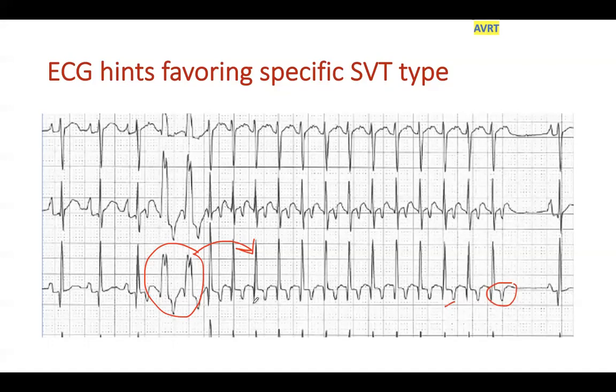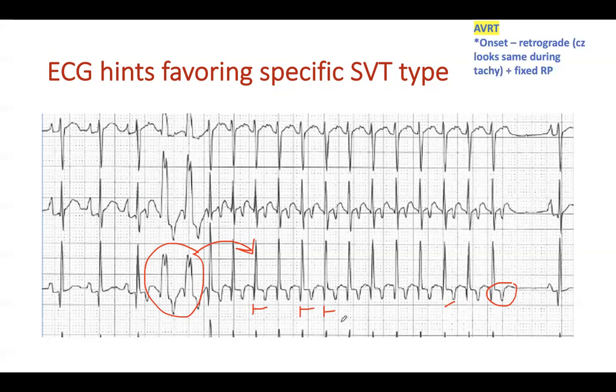If you pay attention, the RP is almost always fixed. If you measure, the RP is very fixed, meaning there is probably an RP relationship, so there is an accessory pathway between them. For atrial tachycardia, the RP is very often variable because they have nothing to do with each other.